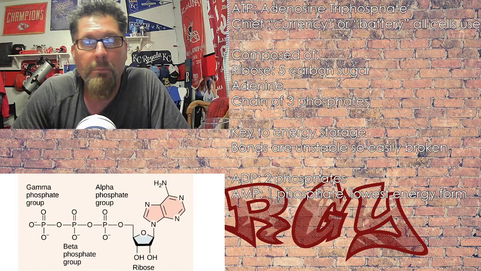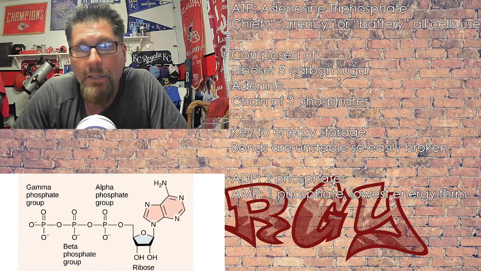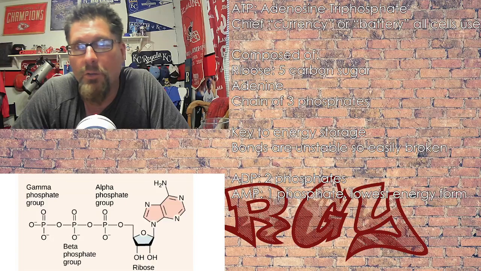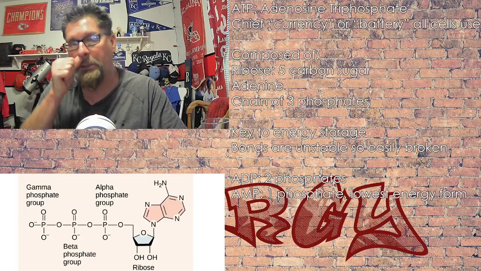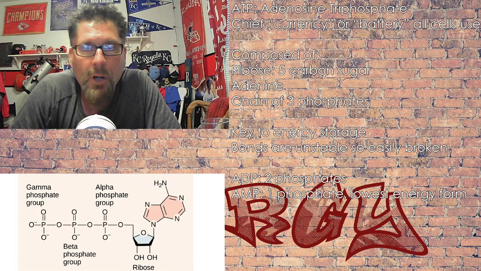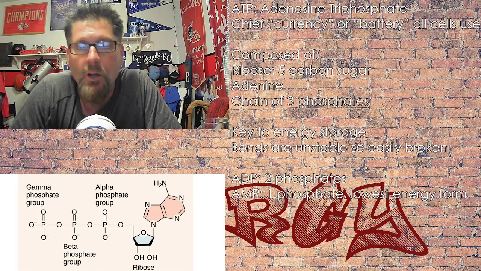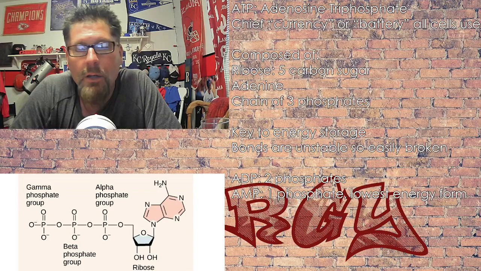And when we build ADP into ATP, we're building molecules, so dehydration synthesis, potential energy, anabolic pathways, endergonic reactions, all those words come into play, okay, time and time again.